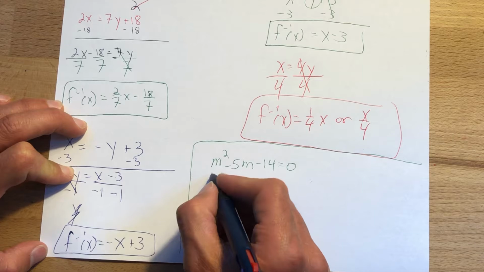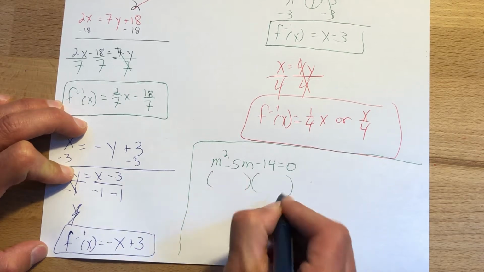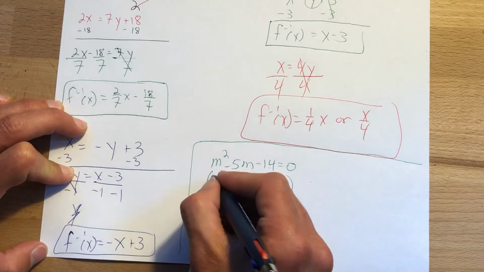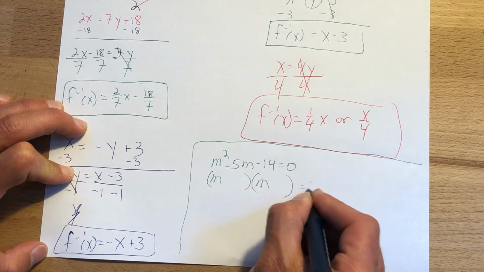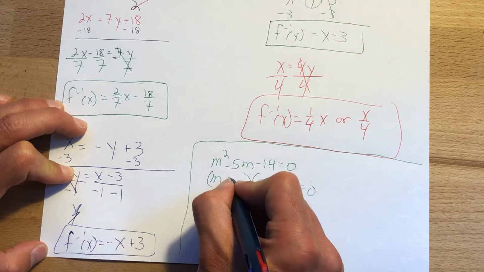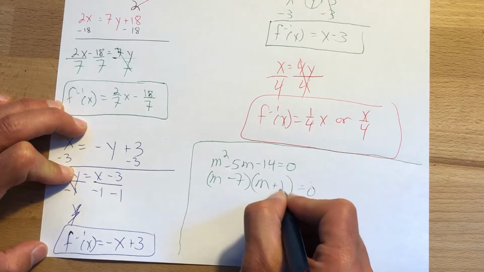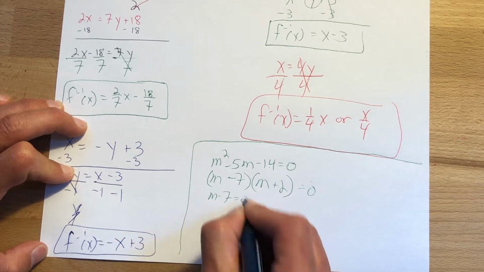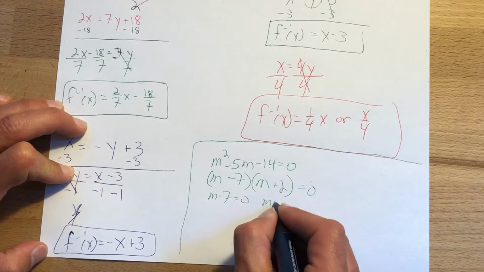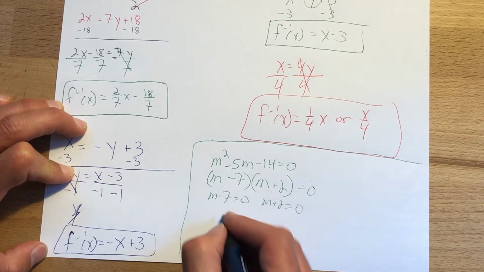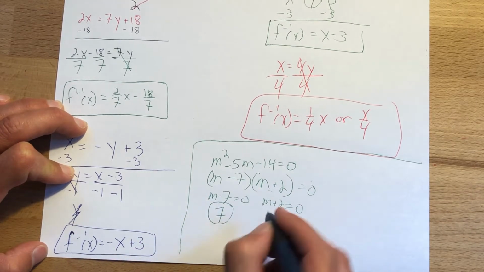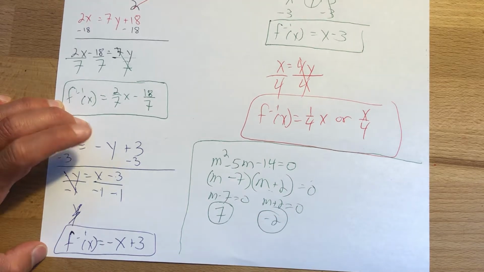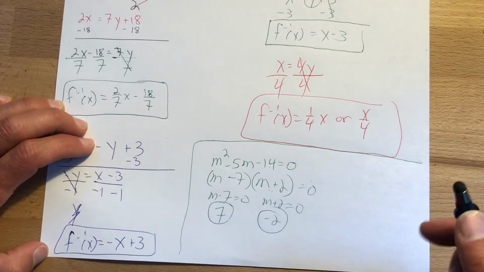I can factor this because I can find two numbers that multiply together to get negative 14, add together to get negative 5, which is negative 7 times a positive 2. If I set m minus 7 equal to 0, and if I set m plus 2 equals 0, I get two answers, a positive 7 and a negative 2. That's the answer for the first one.